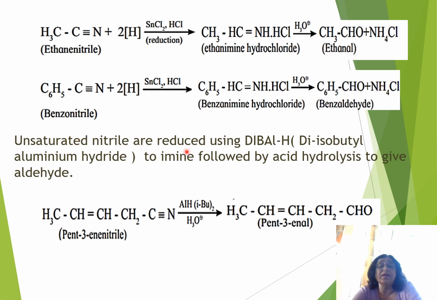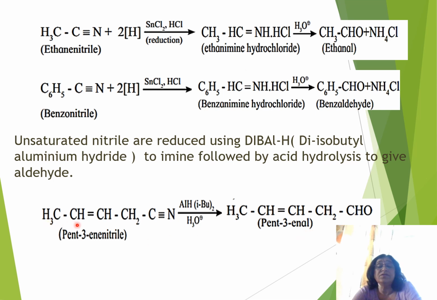Then unsaturated nitriles are reduced using DIBAL-H, that is diisobutyl aluminum hydride, to imine, followed by acid hydrolysis to give aldehyde. So here you see pent-3-ene nitrile, the unsaturated nitrile, on reaction with DIBAL-H, followed by hydrolysis, gives you pent-3-enal.